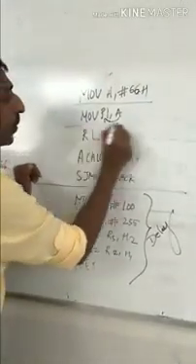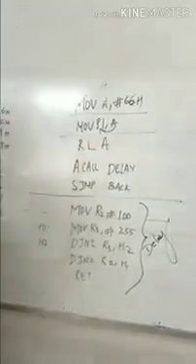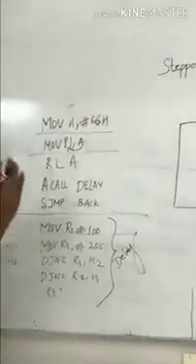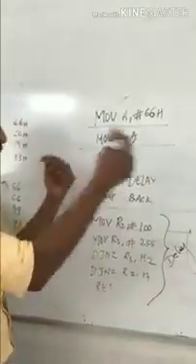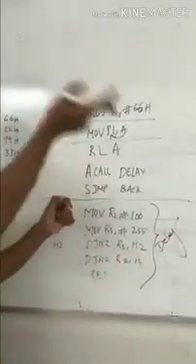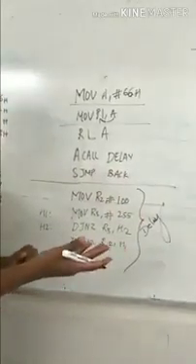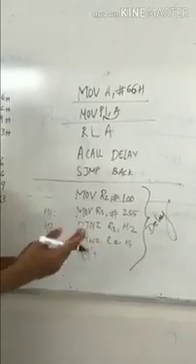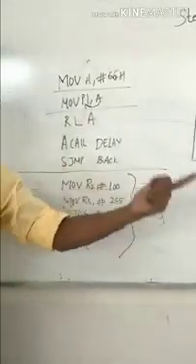Once it is sent to port 1, I'll rotate left the accumulator content. Means what? I am keeping the next sequence ready in the accumulator. Later on again I'll send it to port 1, right? So what is the next sequence that I need to send to port 1? It is whatever the accumulator content is, shifted left by 1 bit.